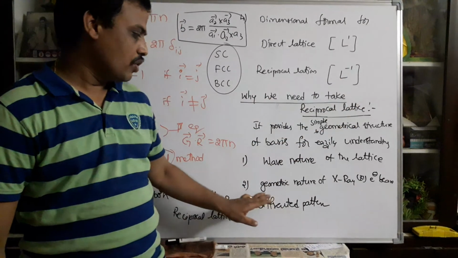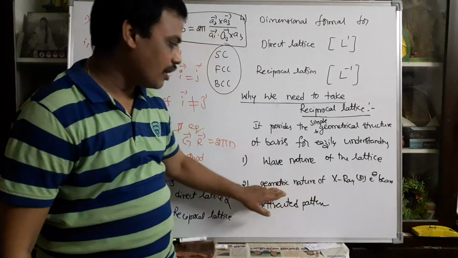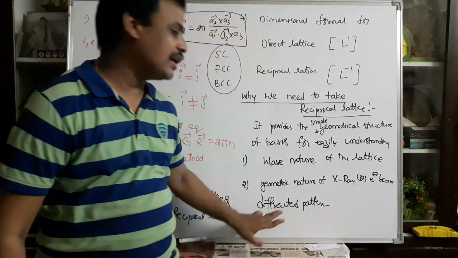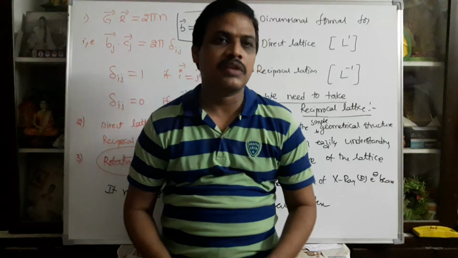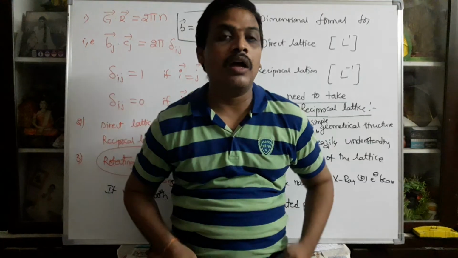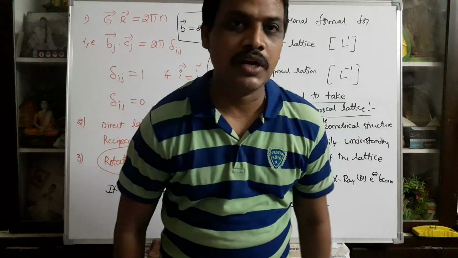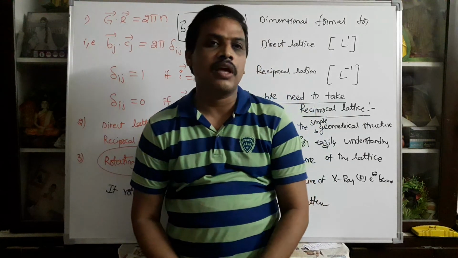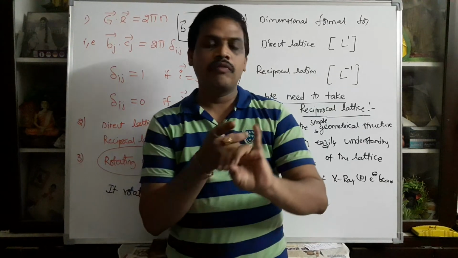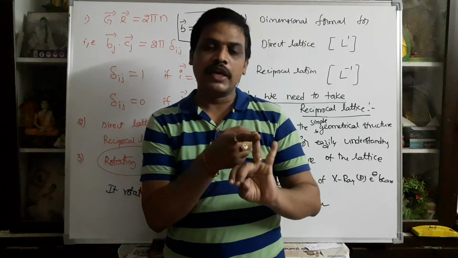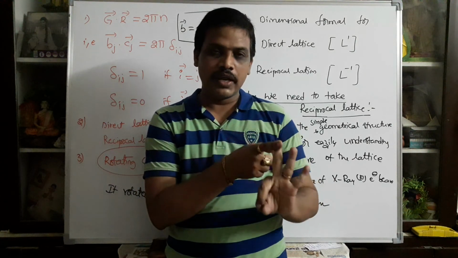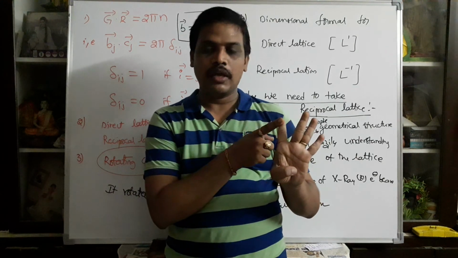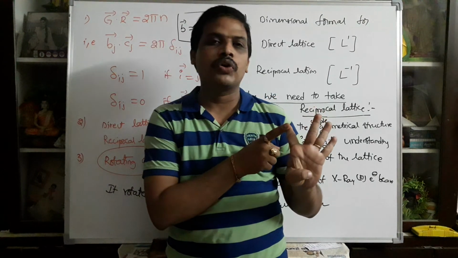And one more: it gives the geometrical nature of the X-rays and electron beam diffracted rays. So you can study the crystal structure by following any one of the crystallographic methods. How many crystallographic methods are there? There are four methods: the Laue method, the X-ray Bragg spectrometer, the rotating crystal method, and the powder photographic method.